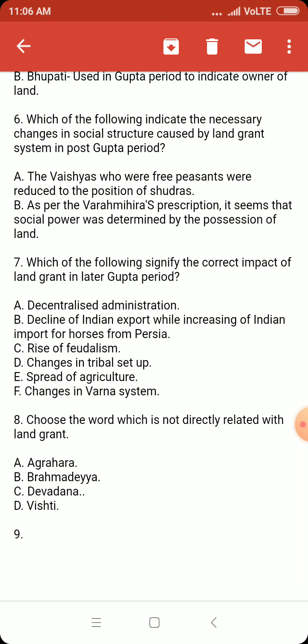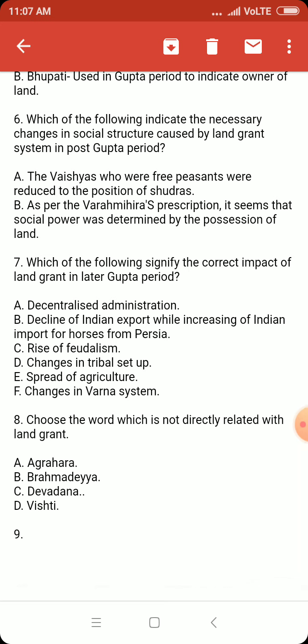Conflict among the barons is a particular feature of feudalism, as in European history. Horses became a symbol of power and status, and that is why import of horses increased at this time. But we have seen a declining trend of export from India, meaning there is a declining graph of trade and commerce in this period.